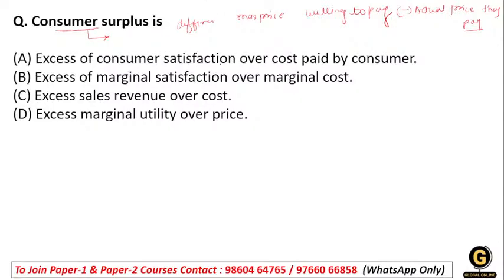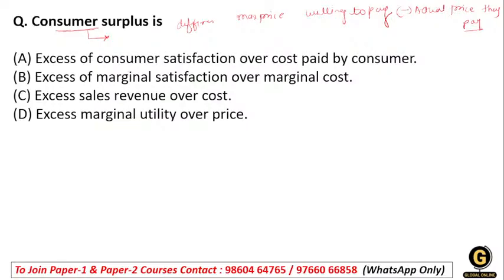So consumer satisfaction over the cost paid by the consumer, because he is totally satisfied with whatever he is paying for the goods and services. That is the consumer surplus. Actually, consumer surplus measures the extra benefit that consumers receive because they pay less than what they were willing to pay.